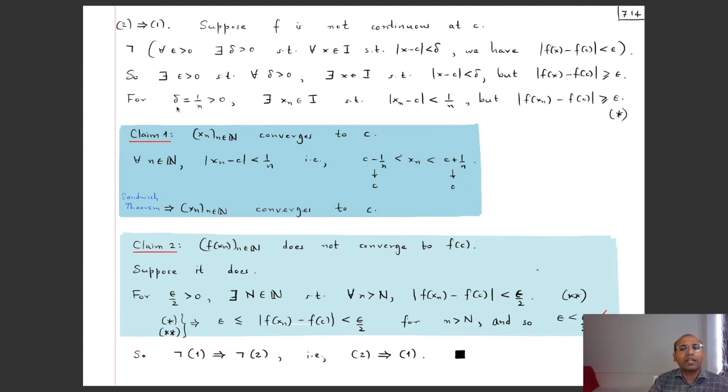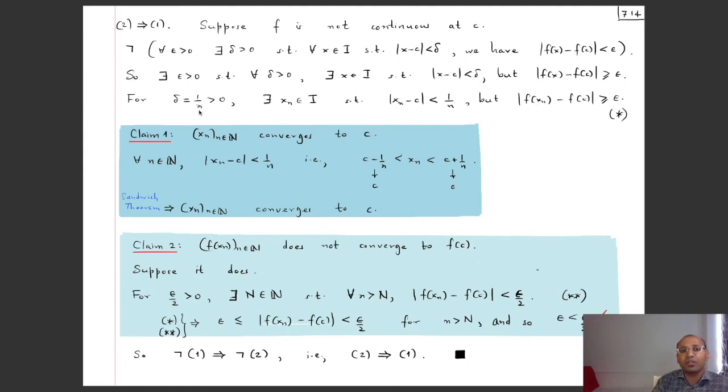So for example, if I take delta equal to 1 by 1, then I have an x1 such that mod x1 minus c is less than 1, and mod of f of x1 minus f of c is bigger than or equal to epsilon. Then I take delta equal to 1 by 2, that's also a positive delta. There exists a corresponding x, which I'm calling x2, such that mod x2 minus c is less than a half, but mod f of x2 minus f of c is bigger than or equal to epsilon.